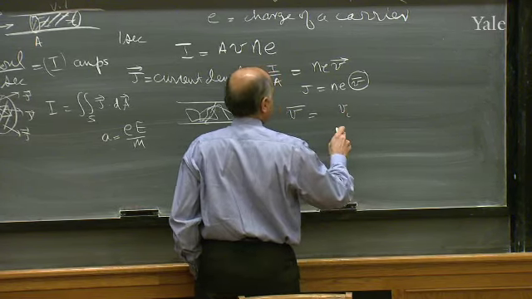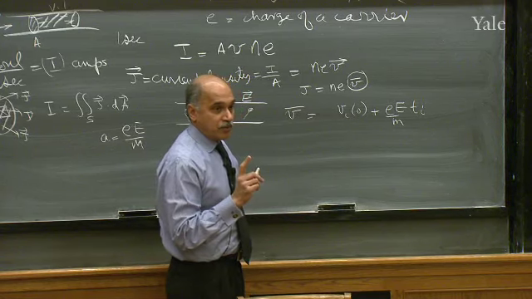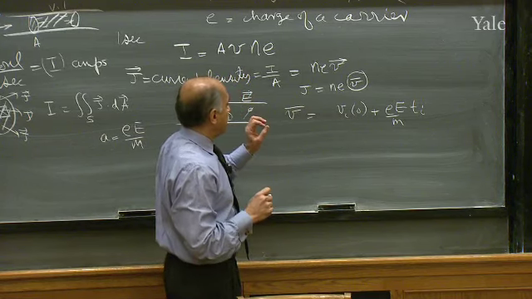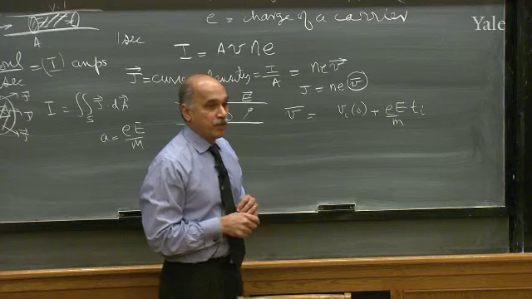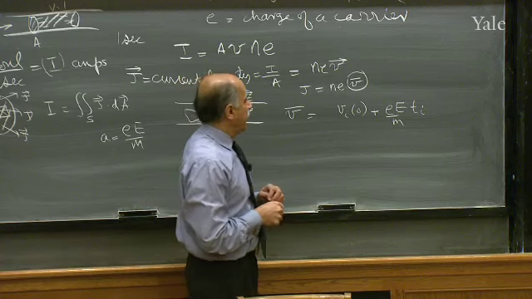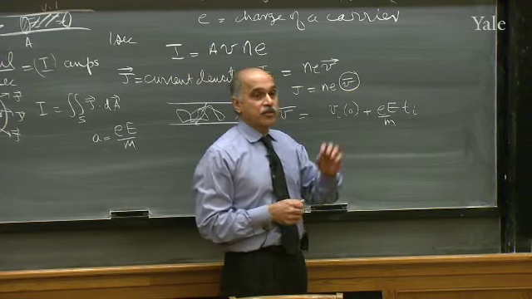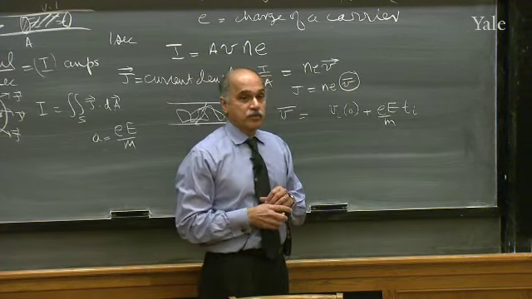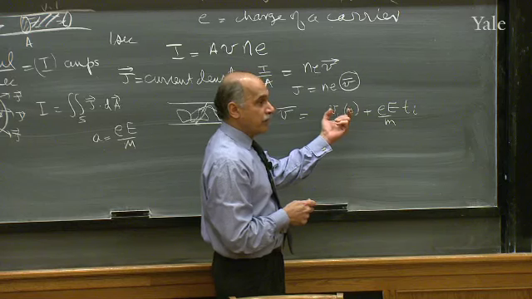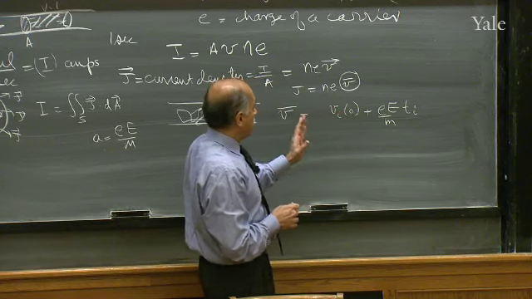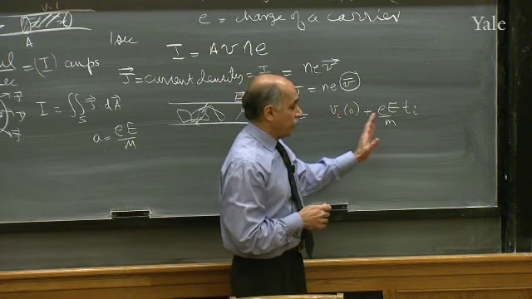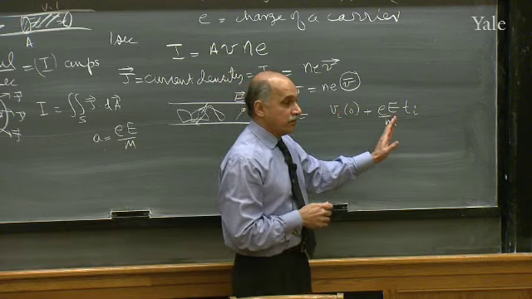In other words, let me explain slowly what I mean. Take particle number i. Let us say it has been Ti seconds since it had its last collision. So just after the collision, it has an initial velocity, which is completely random. But since then, because the electric field has been accelerating it and it has not collided with anything yet, its velocity will be E over m times Ti.